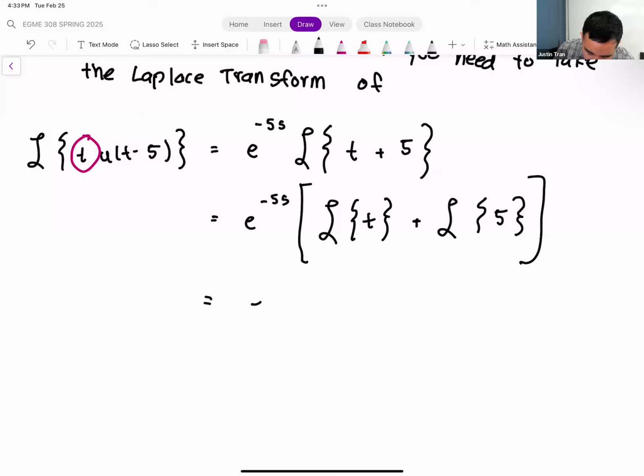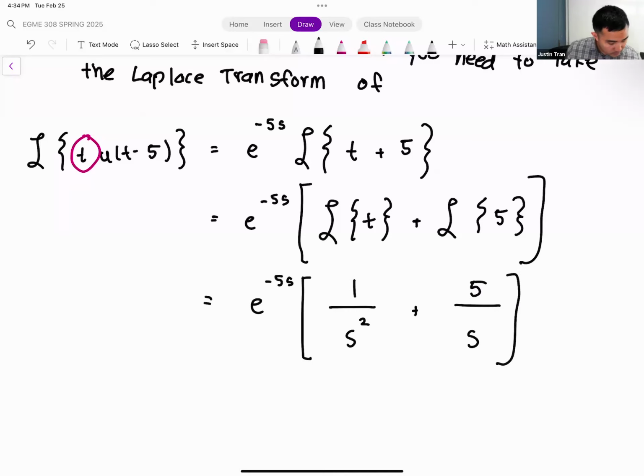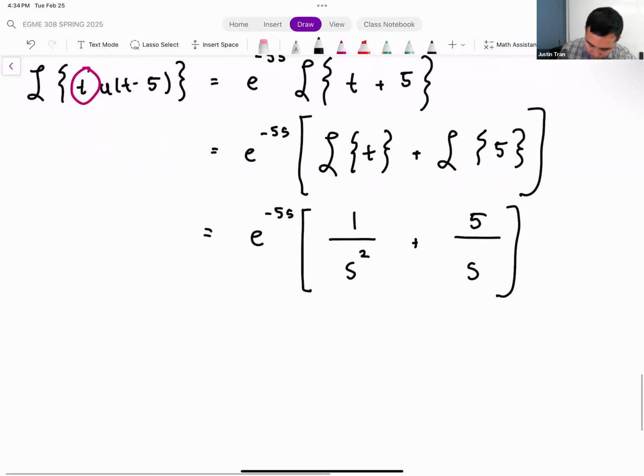We can do both of these from the table. Laplace transform of t, we know, is 1 over s squared. And Laplace transform of 5 is 5 over s. Okay, so let's go ahead and multiply that through.